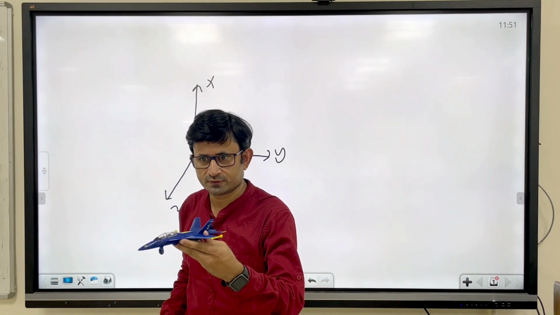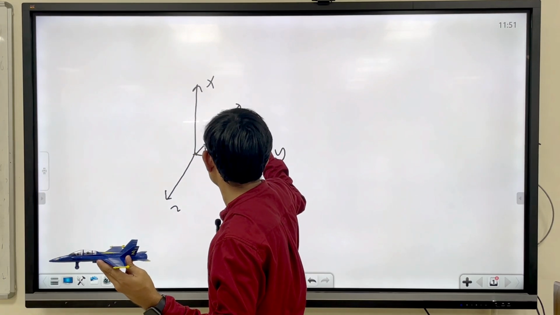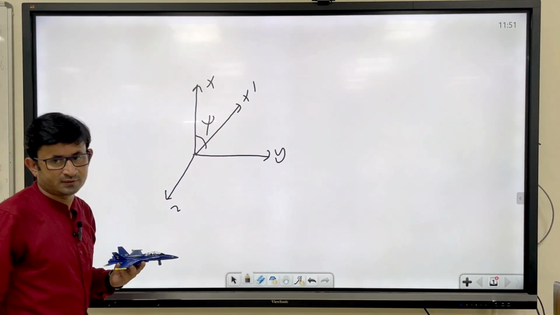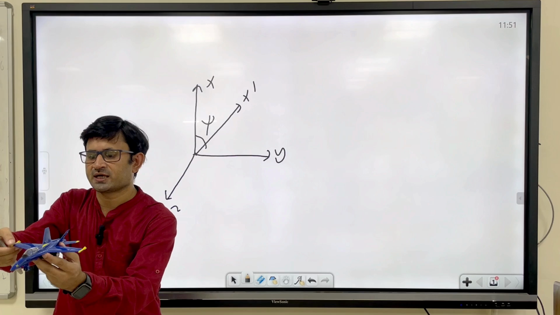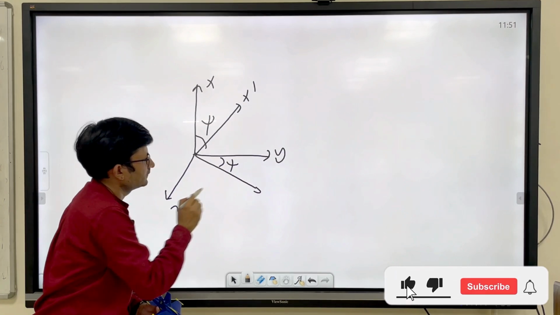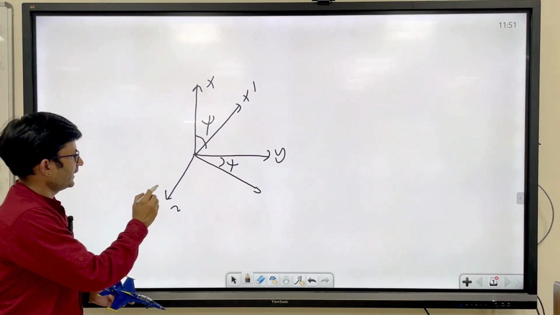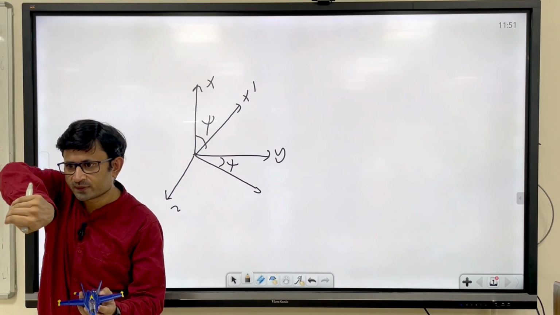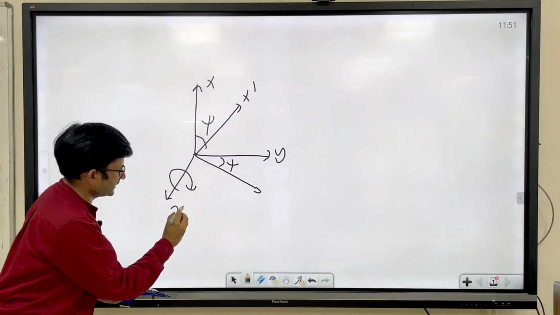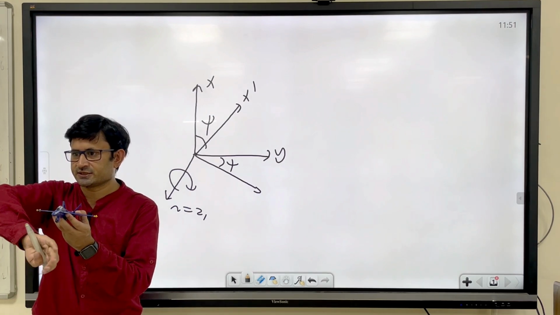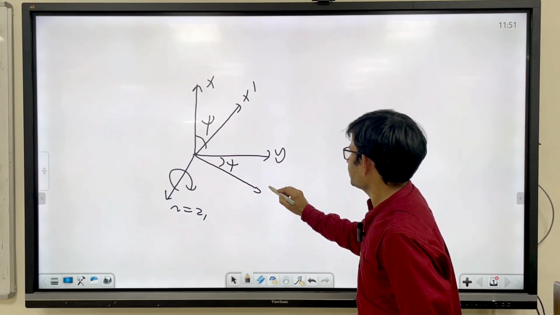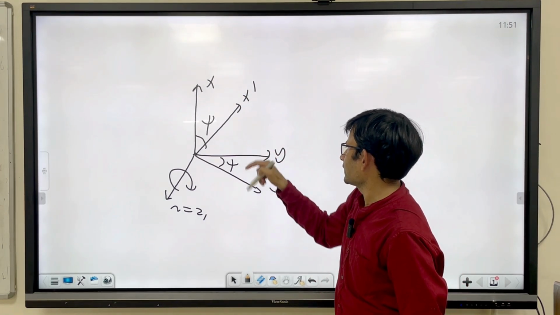Now I will rotate. So I can reach x1 by the angle psi. And when I am rotating this, the y is also coming towards me, right? And what rotation have you performed? This way, right? So that is the axis, but this z axis remains the same, it is not changing, right? Now I want the components of x1 and y1 on x and y.